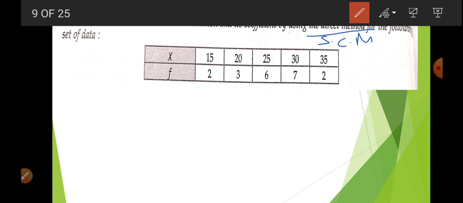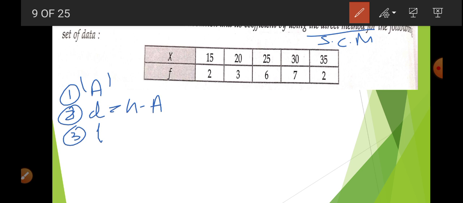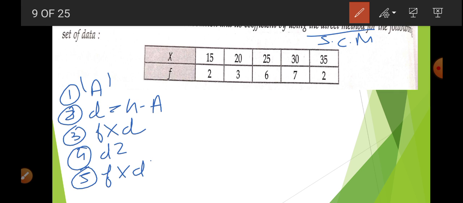So first we are going to assume any number as the assumed mean, then calculate d, that is x minus a, then f multiplied by d. Fourth, d square, fifth, f multiplied by d square. Do the sum total of each, and put the values in the equation.